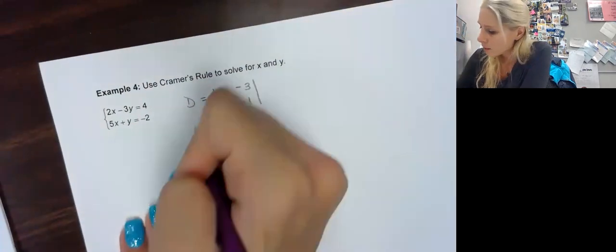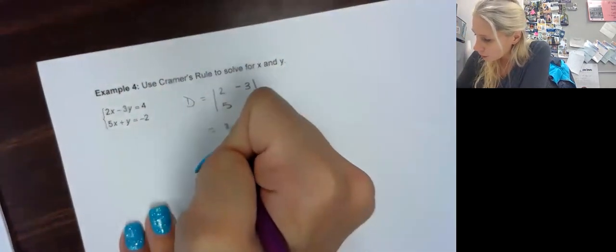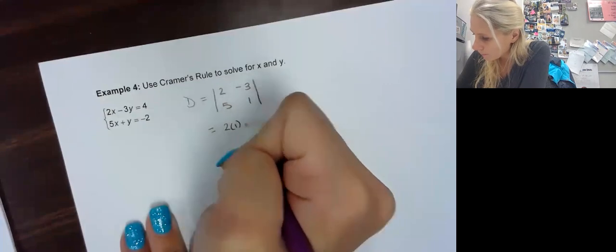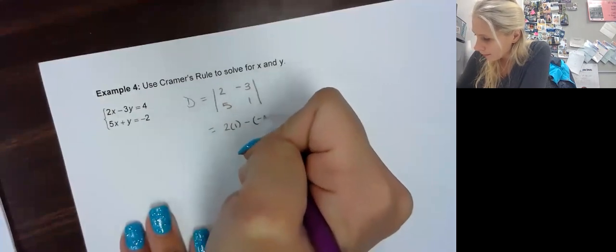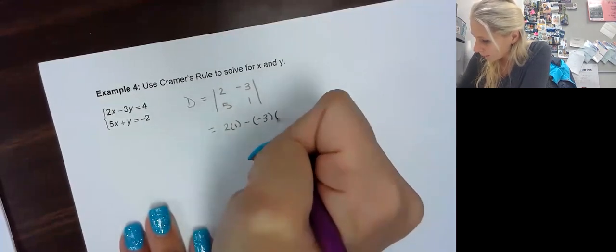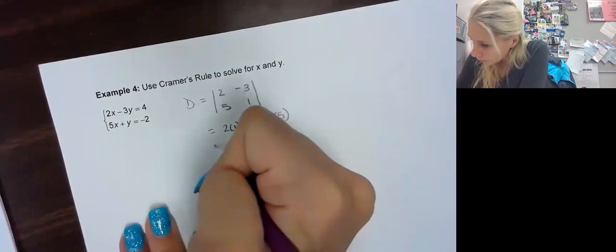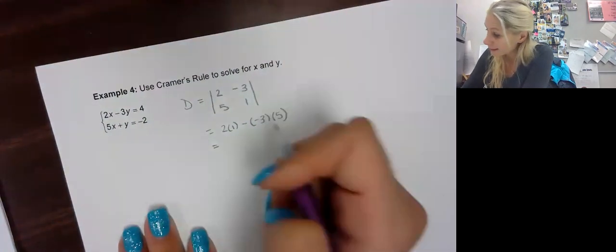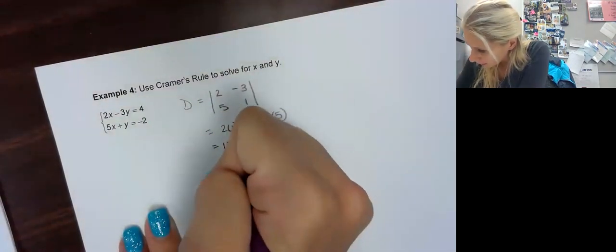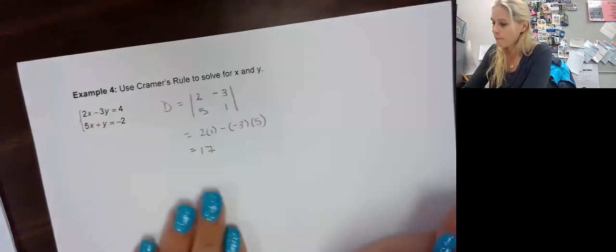Okay, so when we do that, remember that's 2 times 1 minus -3 times 5, which gives us 17. Okay, we're going to need that for both.